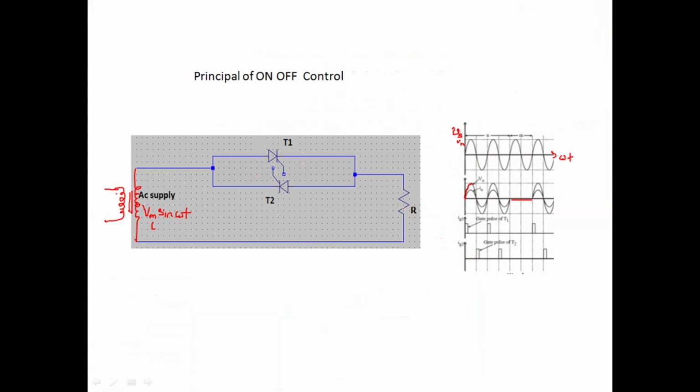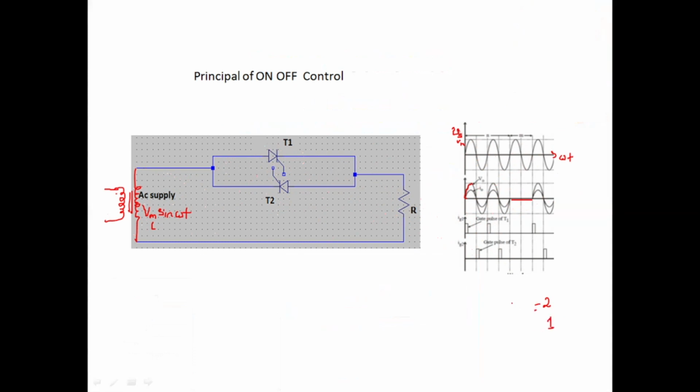In this way, for m cycles, so here it is 2. Generally I can say that in this case 2 cycles we have passed the voltage, and 1 cycle we have blocked the voltage.